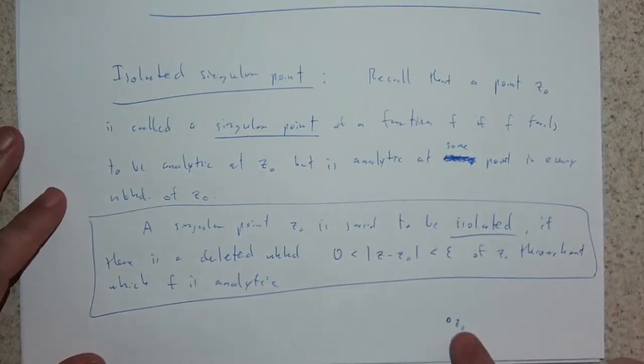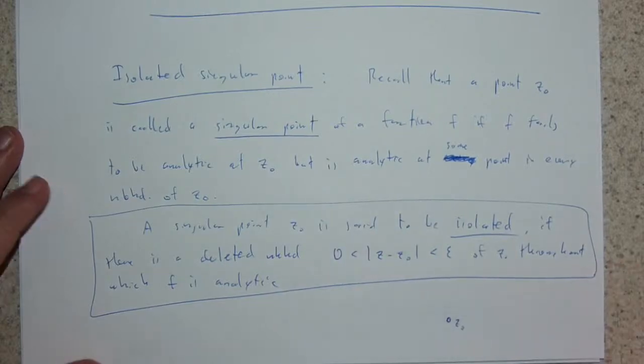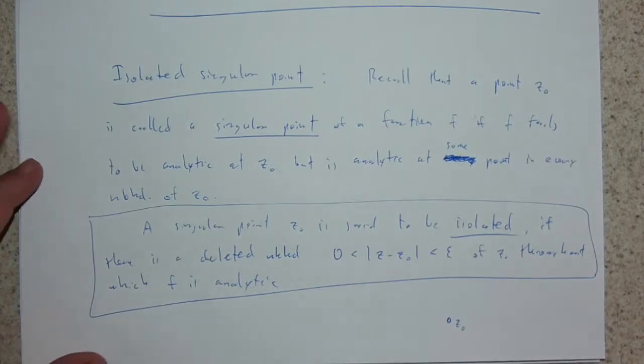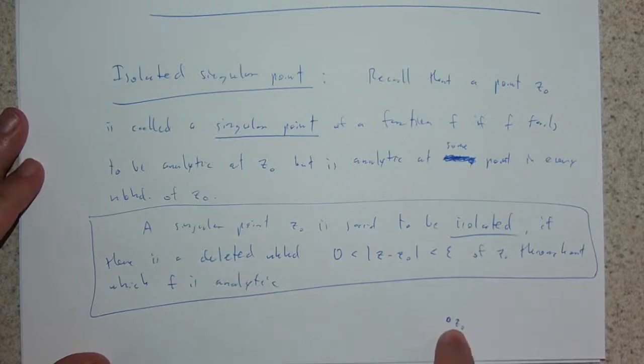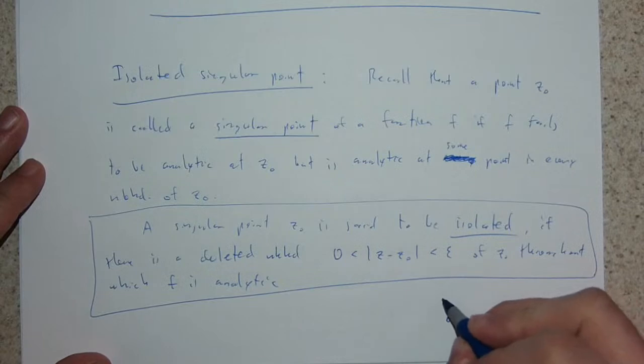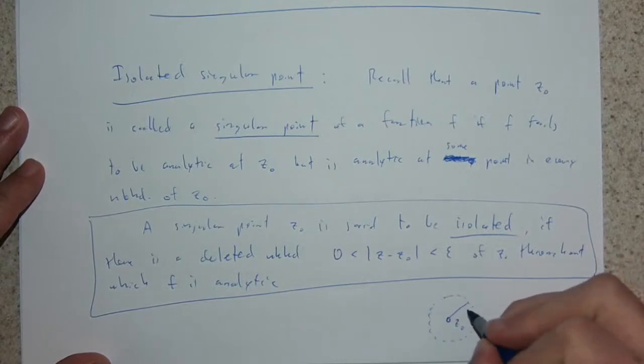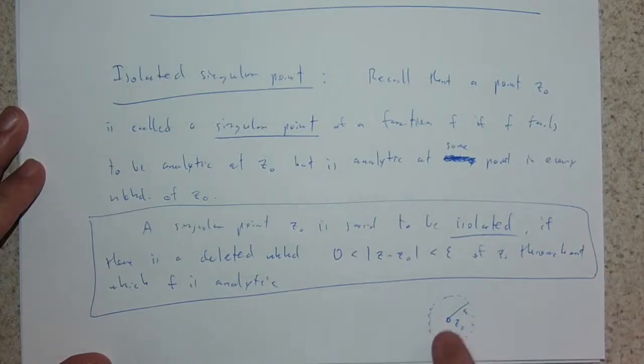Because z naught is a singular point, f is analytic at some point in any neighborhood of z naught that I draw. But this singular point is isolated if there exists a deleted neighborhood of some radius epsilon. So we'll say that it looks like that. So there it is. And on this deleted neighborhood, f is analytic everywhere.